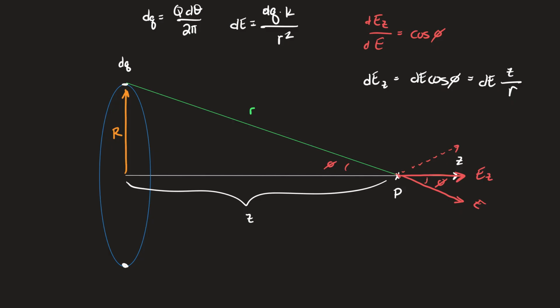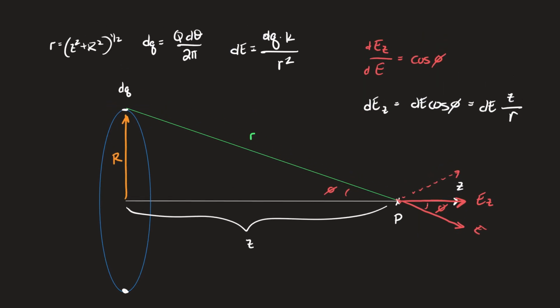We'll look back at that in just a minute. And lastly, r is going to come from this triangle right here, the root of z squared plus R squared. So I think those are all the pieces.